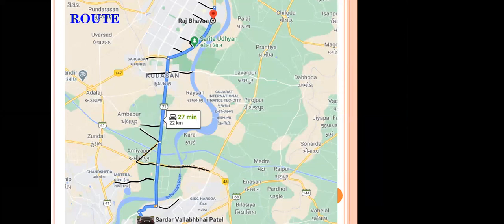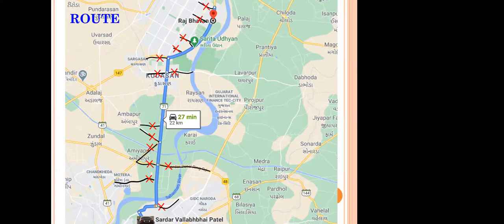So as we need to give very high security for the President of India, the concerned authorities will decide the route, and the moment the plane lands at the airport, they will block all these roads. No traffic should now interfere with the route on which the President is going to travel.